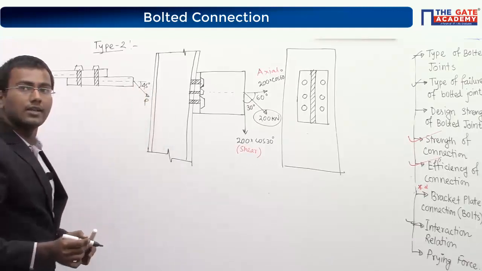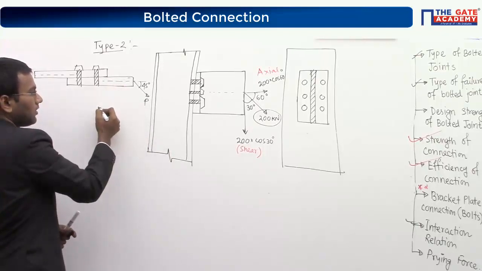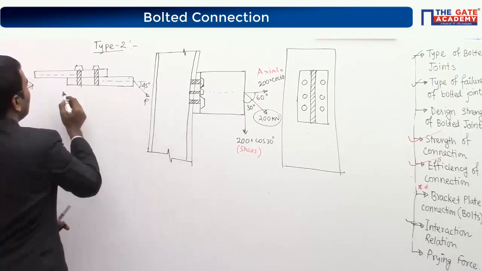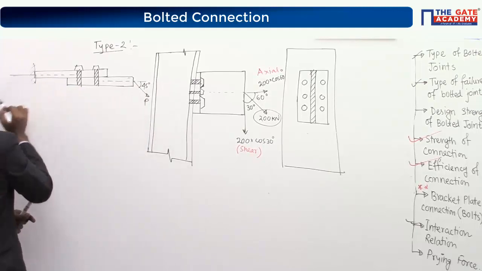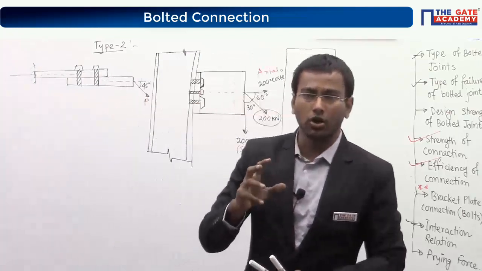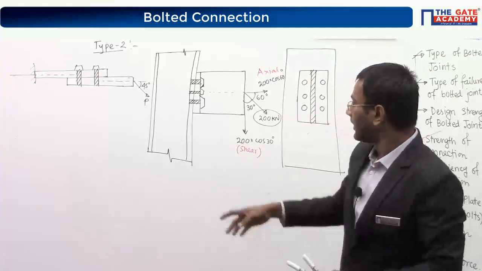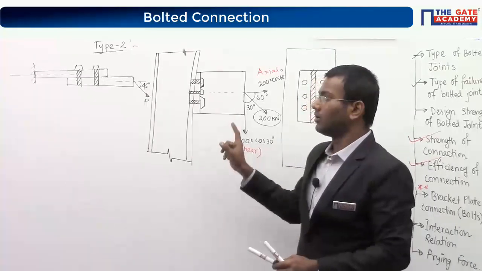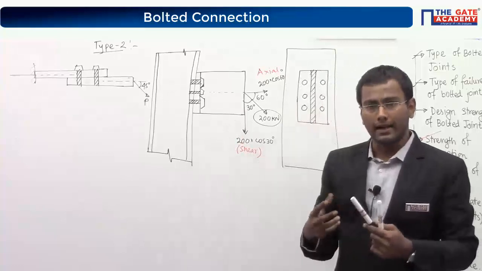So in these conditions, these bolts will undergo both axial and shear. Similarly, on this side some sort of resistance is there like this. So this concept is a combination of axial force and shear force, right? Here also. So these bolts are subjected to both shear force and axial force.